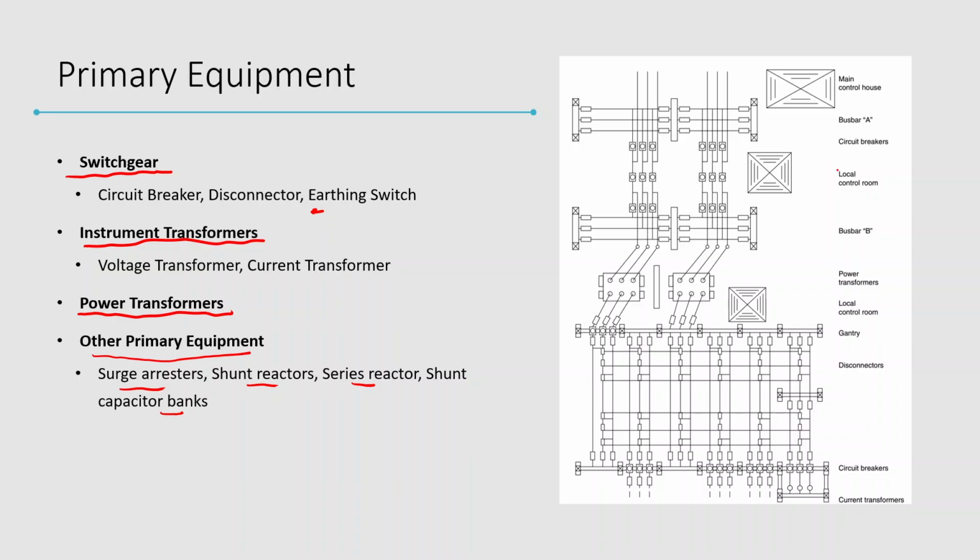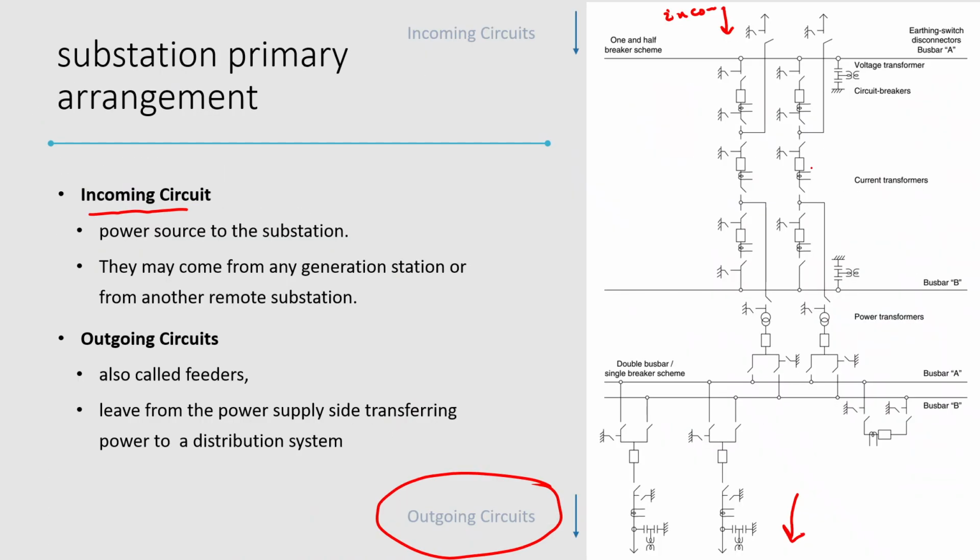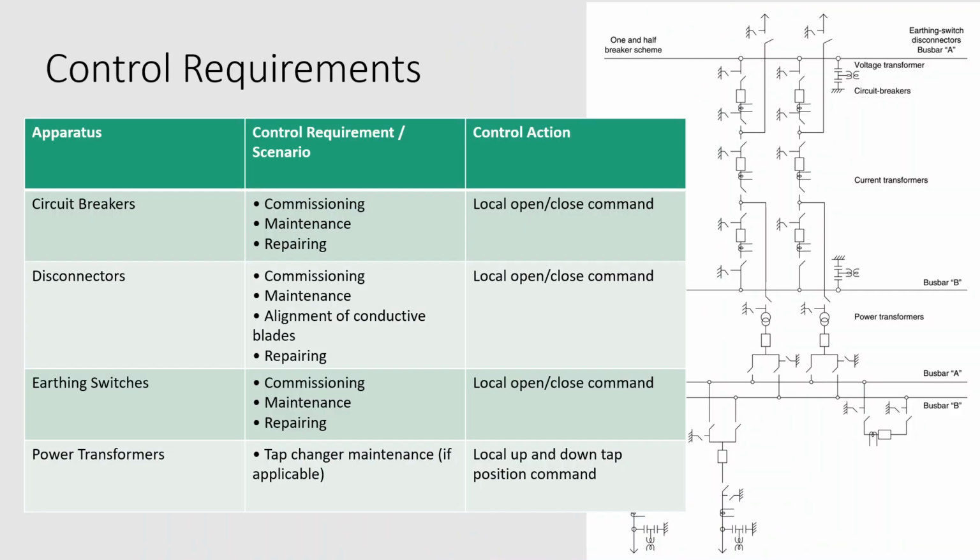For example, this local control unit could be for this section of the substation, which all works at 132 kV according to our example, and all the control and monitoring is done here. So it's bay level control, right? It all depends on how you configure your substation and how you configure its control and monitoring functions, right?